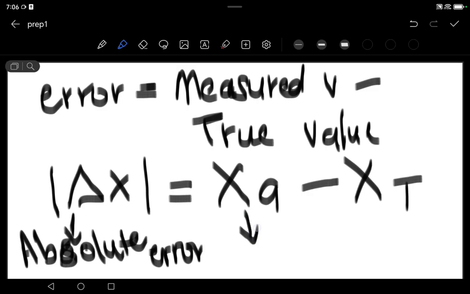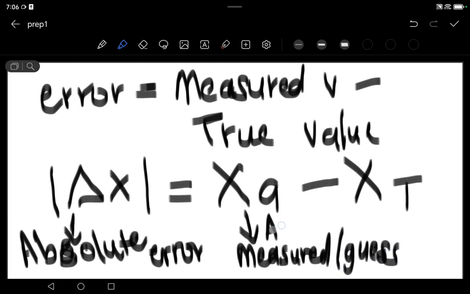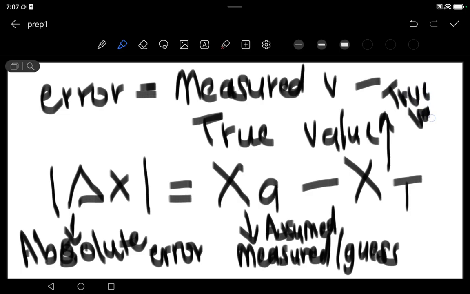This xa we call a measured, assumed or estimated value, the value that we estimate, guess or measure. And xt is a true or exact value.